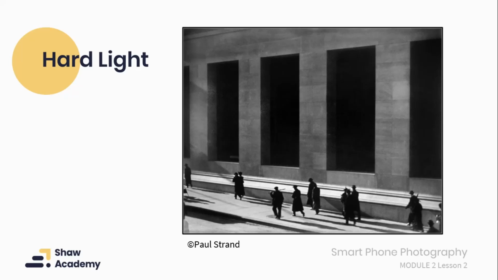It's kind of hard to tell whether it's early in the morning or late in the evening, but we can tell from the direction of the shadows that the sun was at an angle. And we've got very defined shadows here as well. So we can see the shapes of the people very much here, walking behind them almost on the pavement.